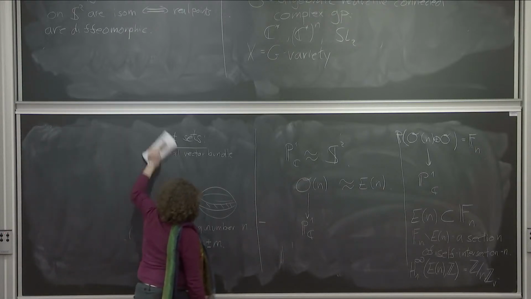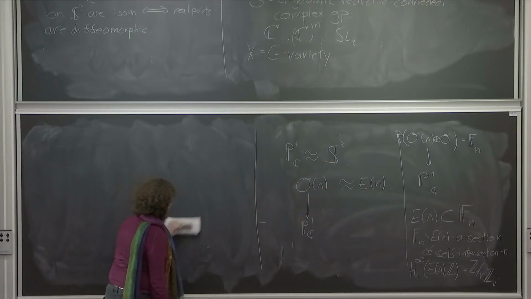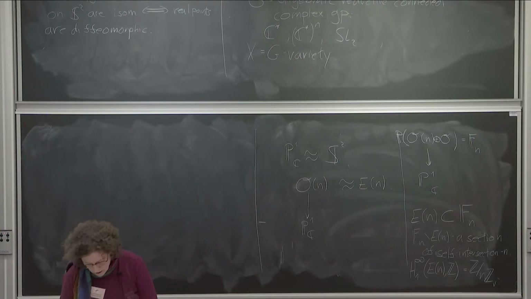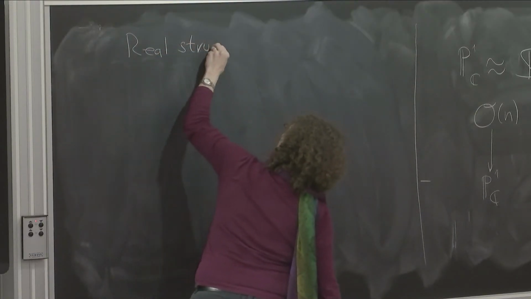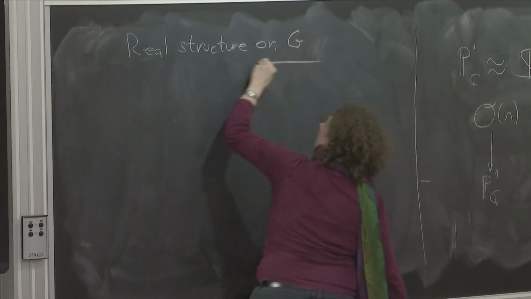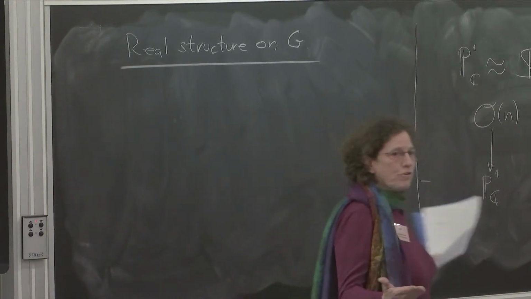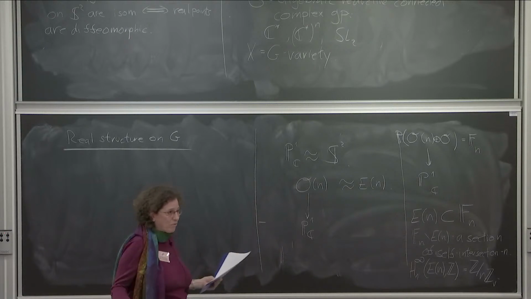First, what is a real structure or a real form on G? This is very well known. What is that? It's just the same thing as a real structure on X, only I want the involution to be a group homomorphism.